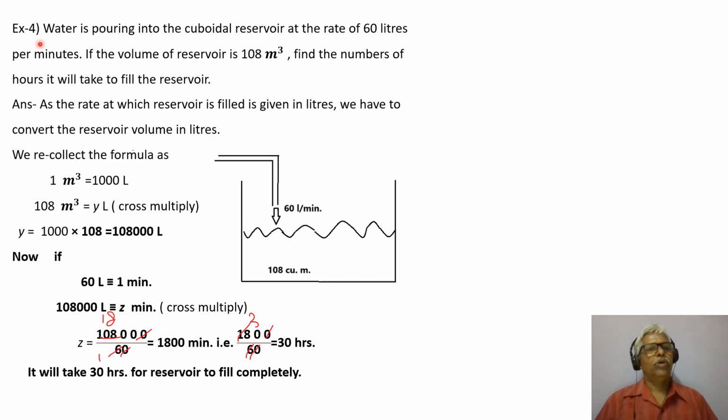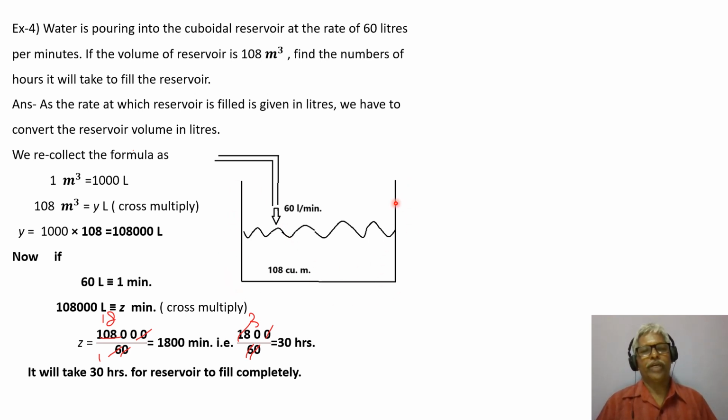Fourth one, water is pouring into a cuboidal reservoir at a rate of 60 liters per minute. If the volume of the reservoir is 108 meter cube, find the number of hours it will take to fill the reservoir. So there is the reservoir.